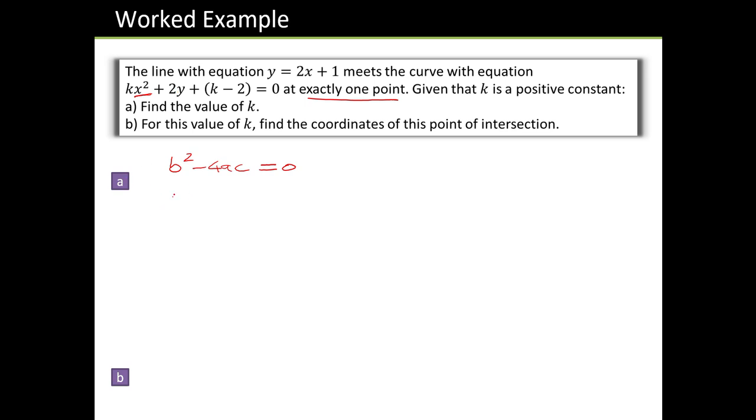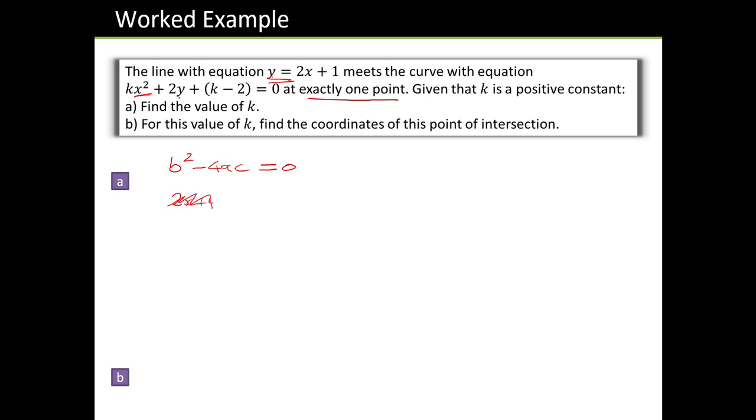I'm going to start by taking my 2x plus 1. When it's y equals and sort of another y equals, really, I can just set these things equal to each other, okay? So, do I want to just do it that way? No, I think I'm going to, because it's equals 0, just thinking about this.